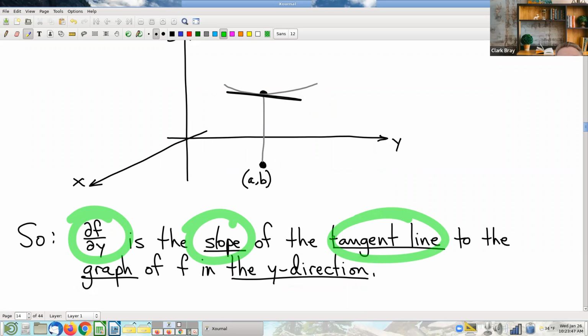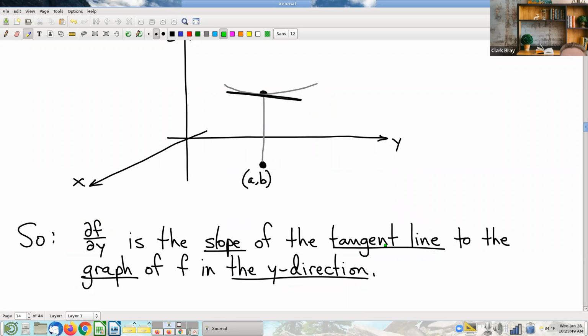That's nice, right? What we have to remember and focus on in this new context is that we have to make sure we're actually looking at a graph before we use this interpretation, because this only works for graphs. You don't have to be uptight about that in Calc 1, because in Calc 1, everything's a graph. But you do have to be careful about that now. The other thing we have to adapt from the familiar is that there are actually a lot of tangent lines to this graph.